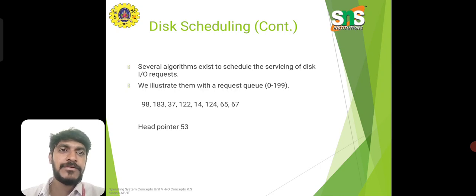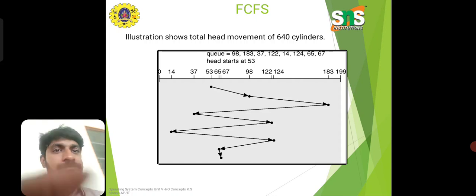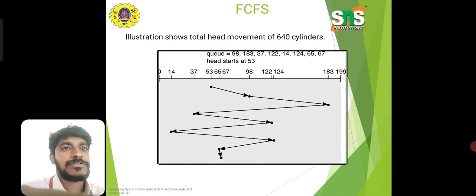For example, 98, 183, 37, 122, 14, 124, 65, 67. These are the values. Several algorithms exist to schedule the servicing of disk IO requests. We illustrate them with a total head movement of 640 cylinders.